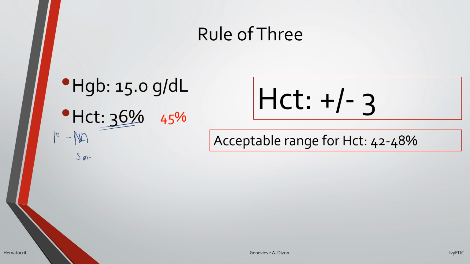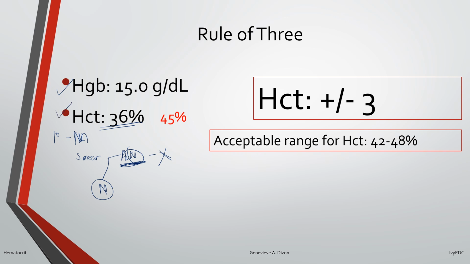But we should first check the smear or the blood film of the patient so we can have an abnormal result or a normal result. If the blood smear shows hypochromic and microcytic red blood cells, that means the rule of 3 cannot be applied, so these results can be released.